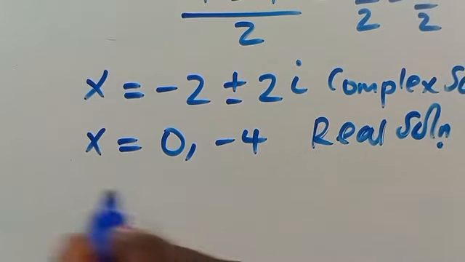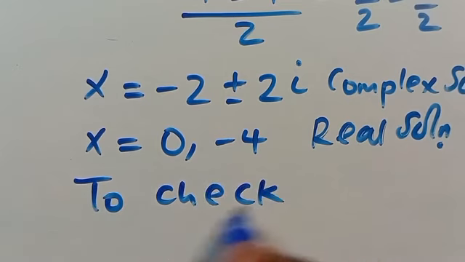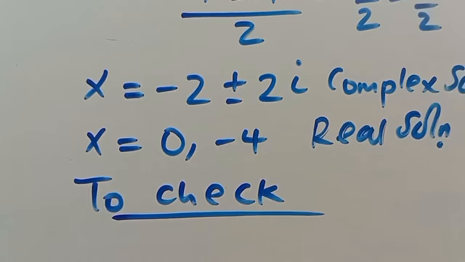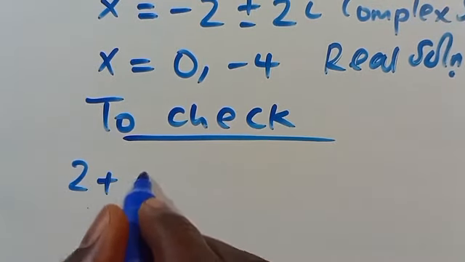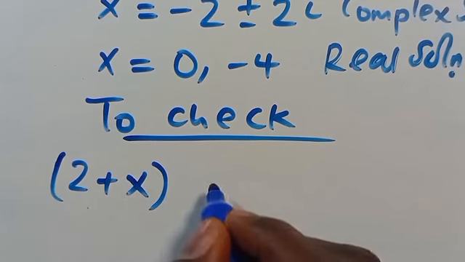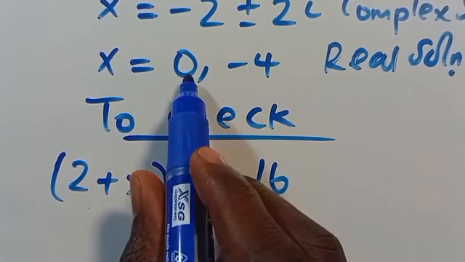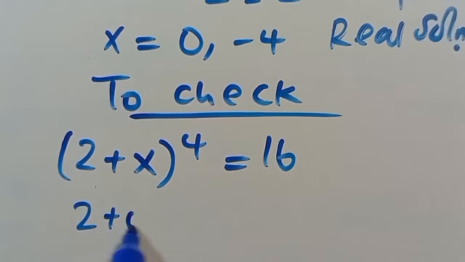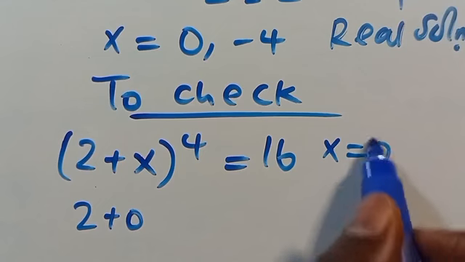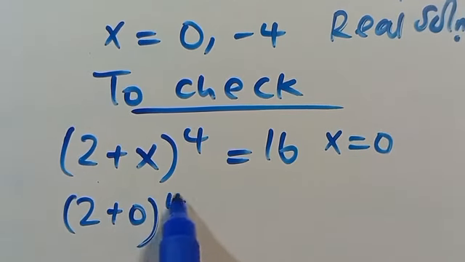Now to check, we have 2 plus x in parentheses to the power of 4 equals 16. When x equals 0, we have 2 plus 0 in parentheses to the power of 4.